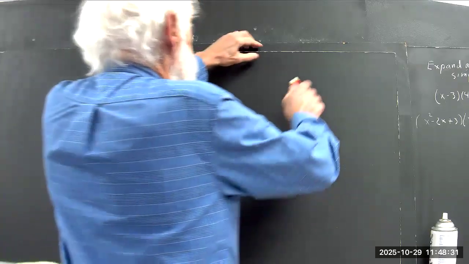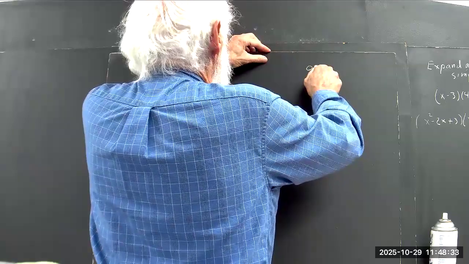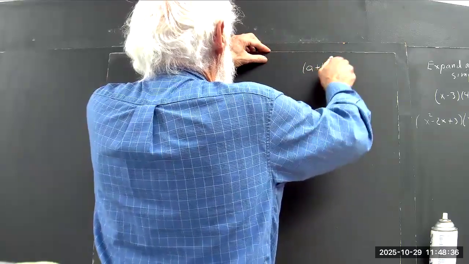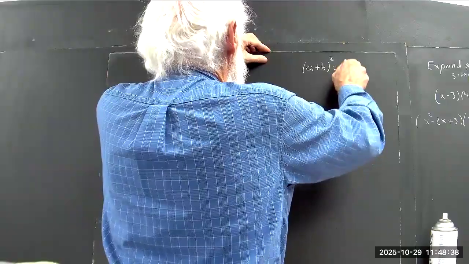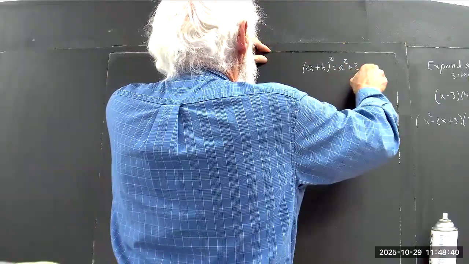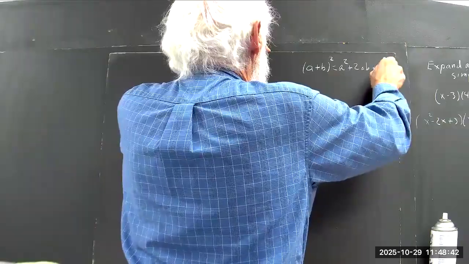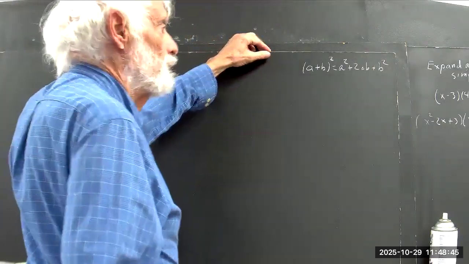Okay, so we've just proven that A plus B squared is this.